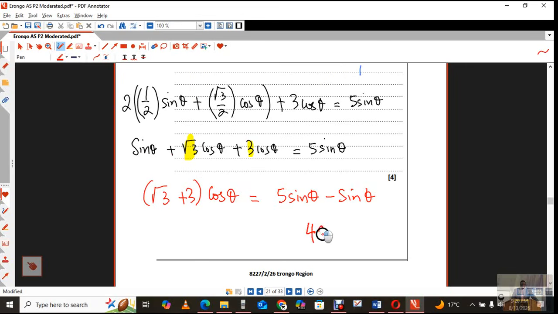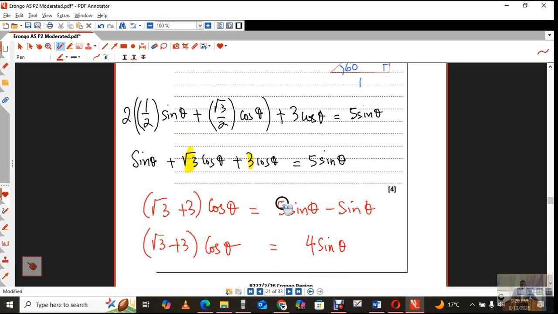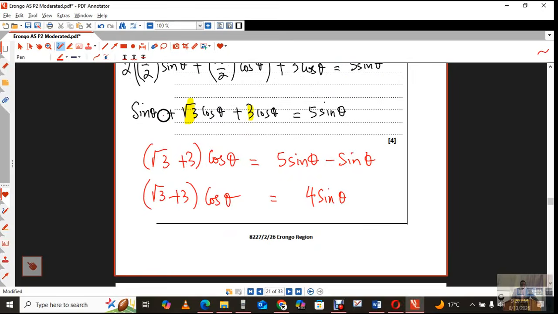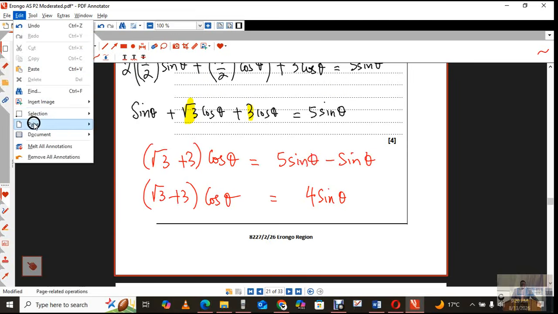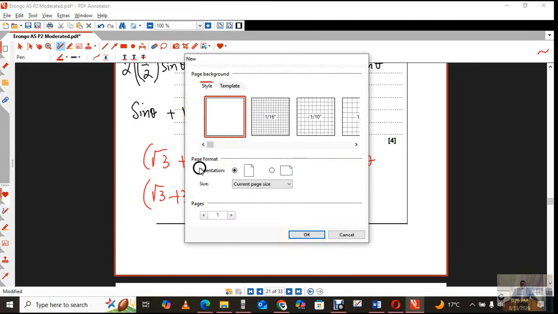This is 4 sine theta is equal to all of this stuff, root 3 plus 3, cos theta. Very important that you keep that in bracket. Now, one of the best ways you can deal with this is if you were to change this to tangent. That means dividing throughout by cosine. So let's just insert a page there.